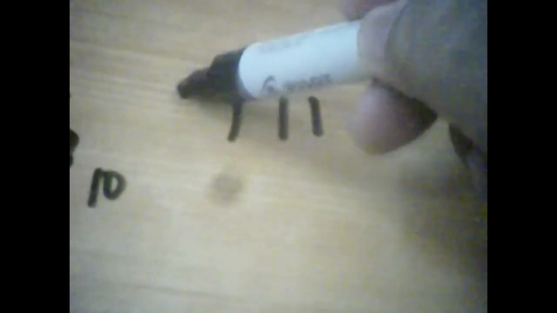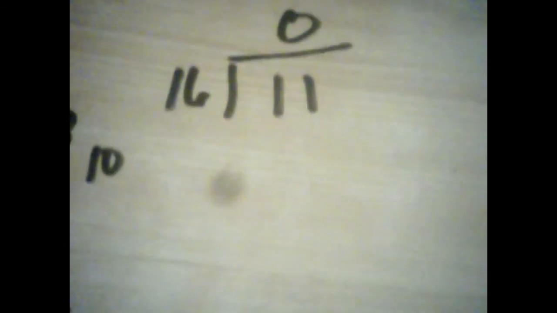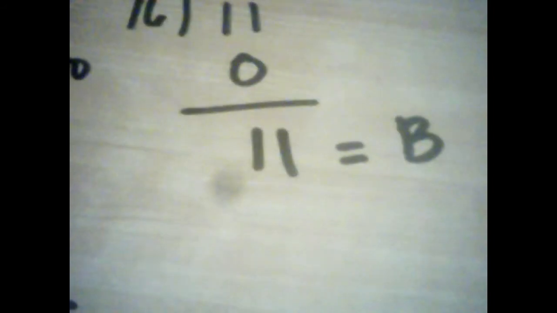Okay, we proceed now by dividing 11 with 16. So we have 0 and then 0 and a difference of 11, or we will write B. Okay?